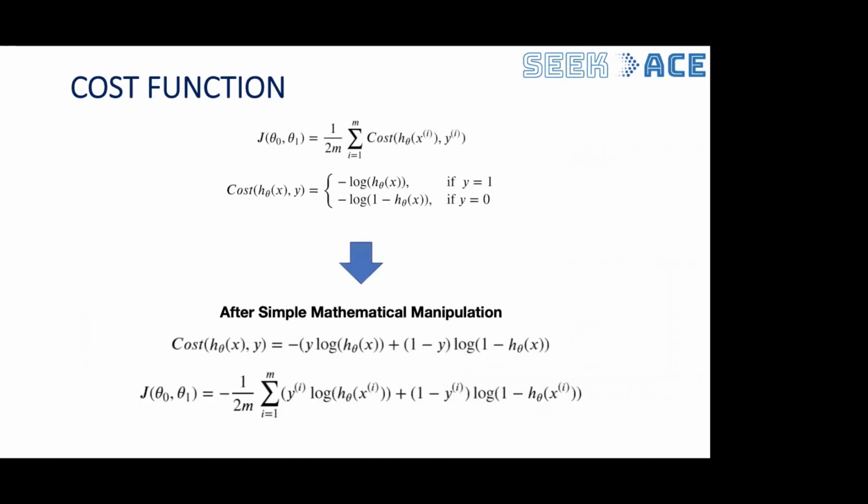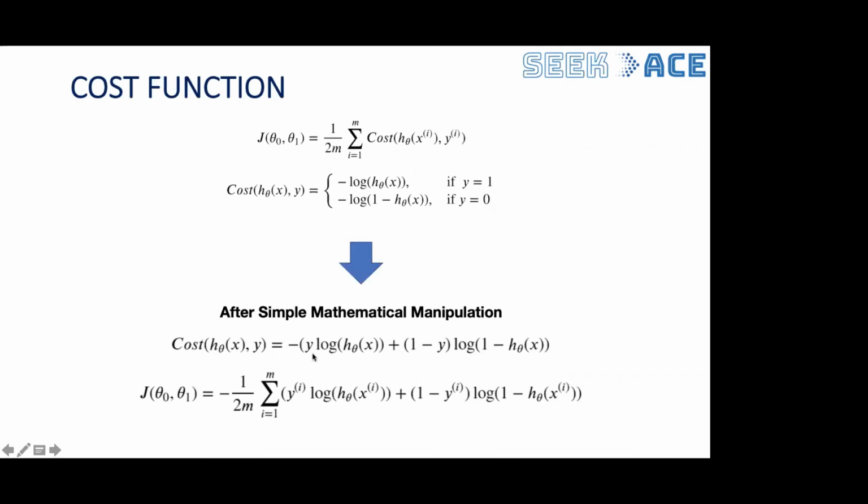So this is our cost function. This is our formula. It has two values: when y is 1, we have to use this, and when y is 0, we have to use this. From this, after some manipulation, we can write it as minus y log of h theta x plus 1 minus y times log of 1 minus h theta x.